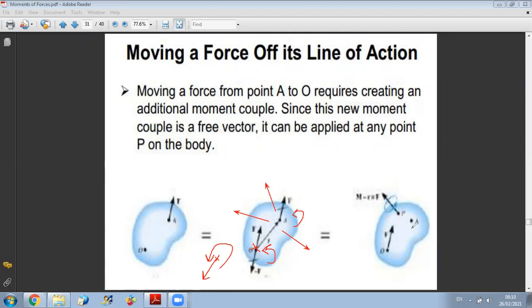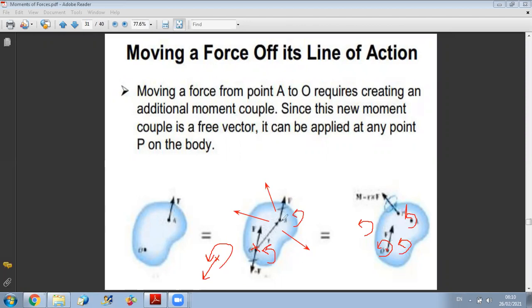Because as I told you, when you do the sum of moments about O, for example, all couples will be included in your summation because couples are free vectors. That is, a couple you can displace without changing anything, while a force you cannot displace without adding its moment about the point. This is the difference.